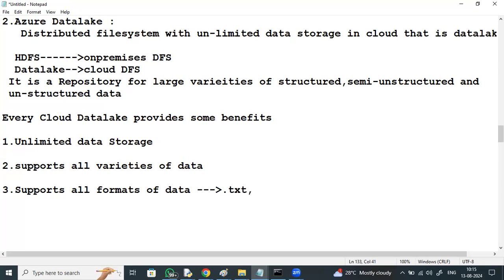.txt, .csv, .tar, .zip. In this way, any type of file is supported. Here, data is in files, which means we cannot maintain relationships.